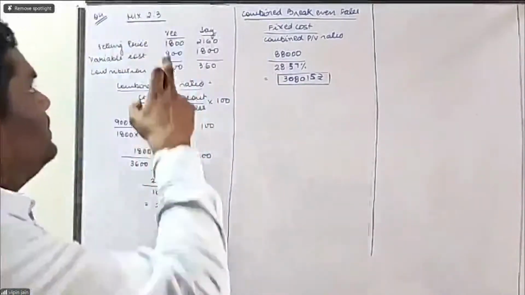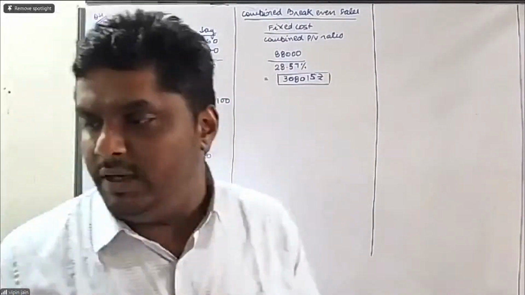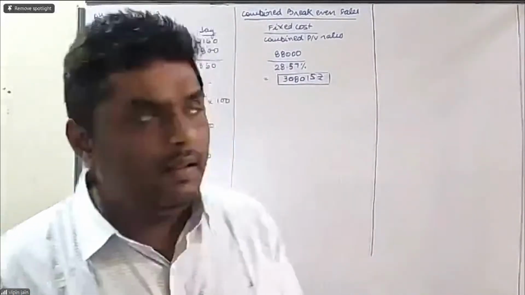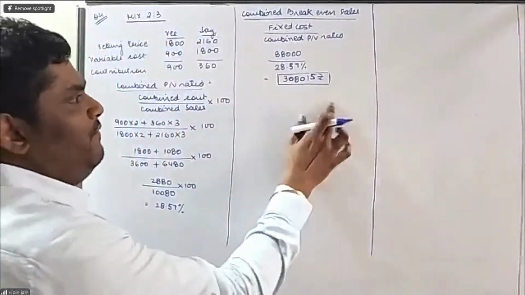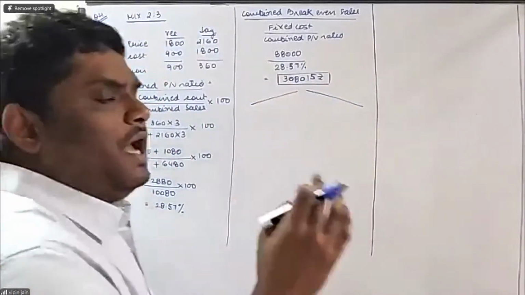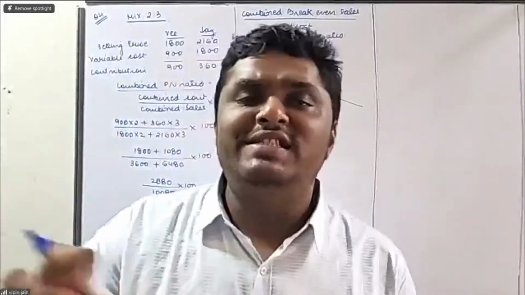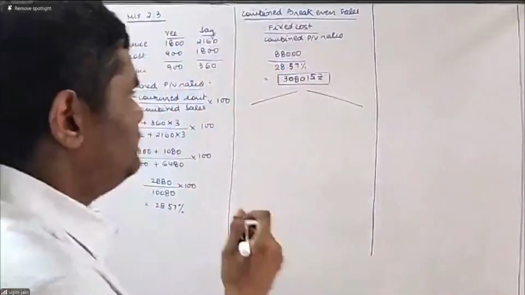Herein the mix is 2:3, so we have given the impact of 2:3 here. Now we can separately calculate the break-even sales. Once the combined break-even sales is calculated, we can easily calculate the separate break-even sales also.